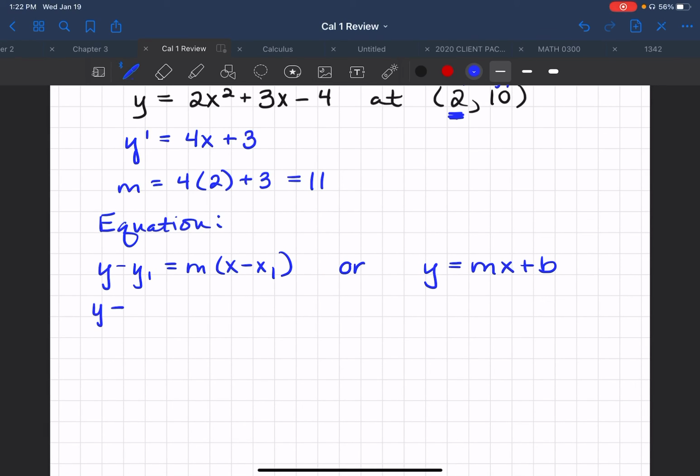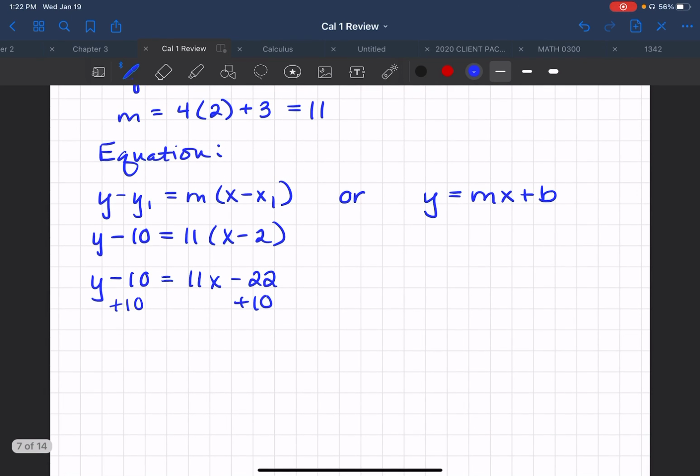So I've got y minus 10 equals 11 times x minus 2, plugging in the slope and the point. And then we're going to simplify and get it in y equals form. Add 10 to both sides, and we end up with y equals 11x minus 12. So that's the equation of the tangent line at the point (2, 10).